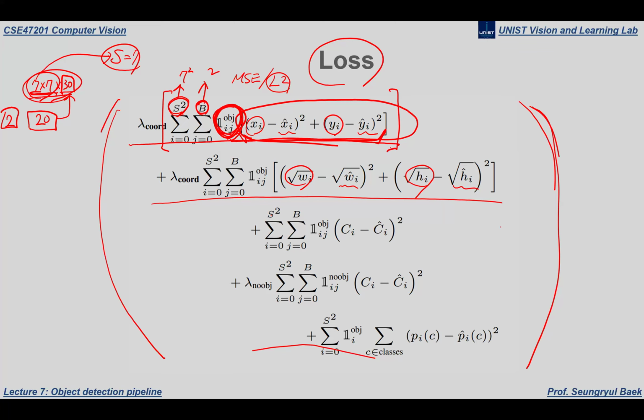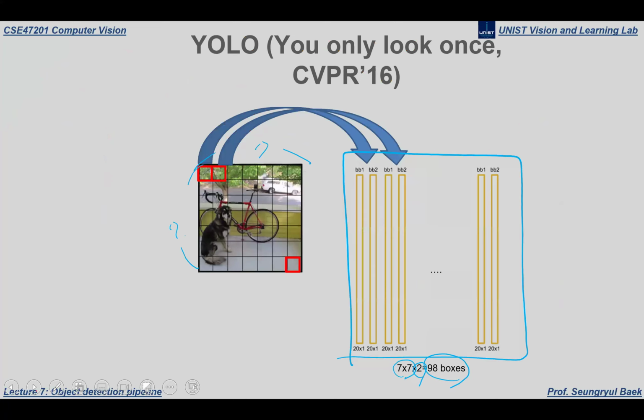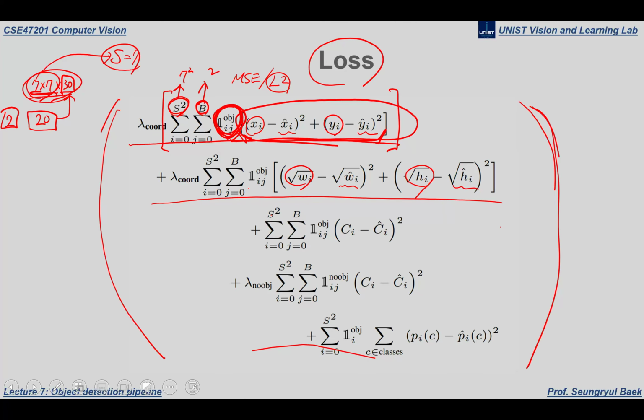For the grid having an object, these values, which indicate the x, y center positions, are supervised with their ground truth. But for the grid which does not have an object, this supervision is not applied because it will not be used during inference.